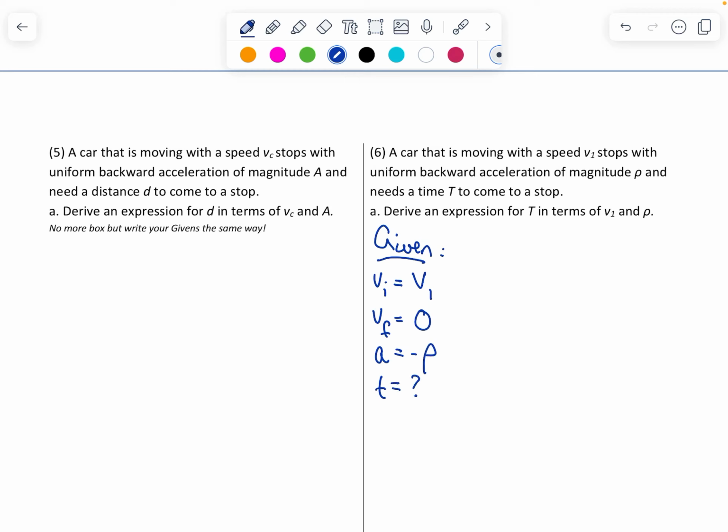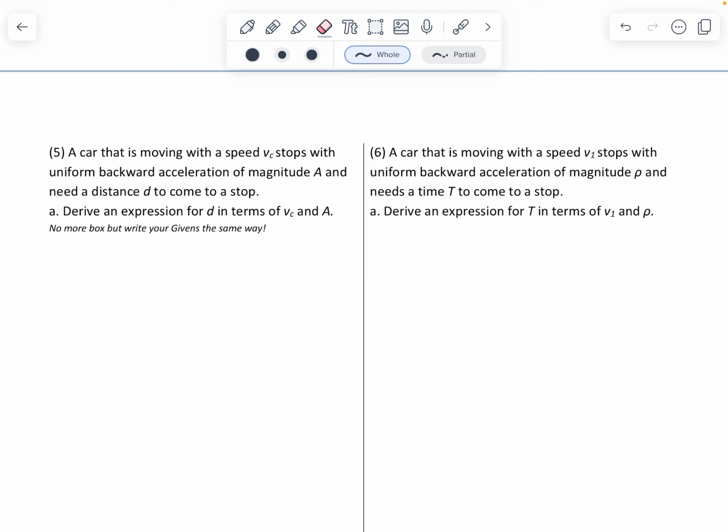Oh, this is the same equation as last time. Oops. Maybe I'll do a different one. That's boring. Yeah, I'll do 5 instead.